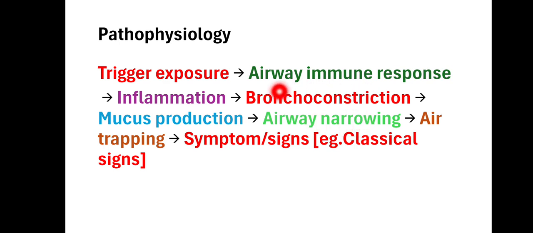Because there's bronchoconstriction of the airways, and then there's also mucus production. So this is going to narrow the airways. Then air is going to be trapped, meaning expiration and inspiration are going to be affected, leading to signs and symptoms, some classical signs and symptoms like wheezes, cough, shortness of breath. Those are classical signs. These are coming due to this pathophysiology that I've explained here.